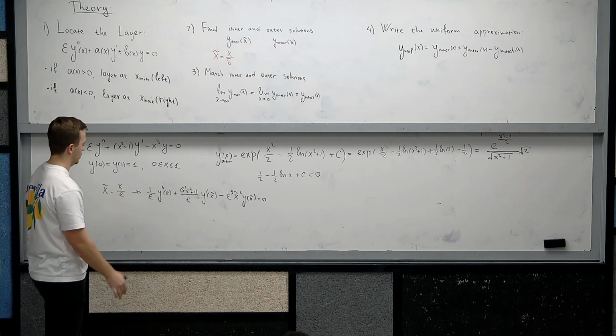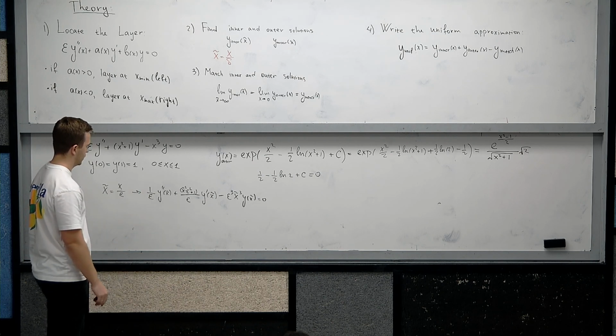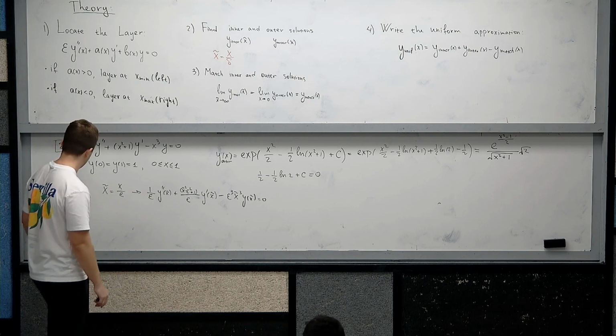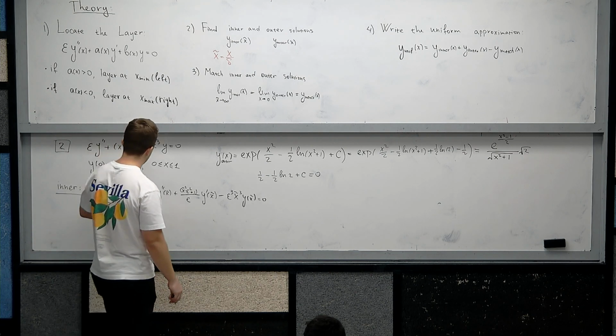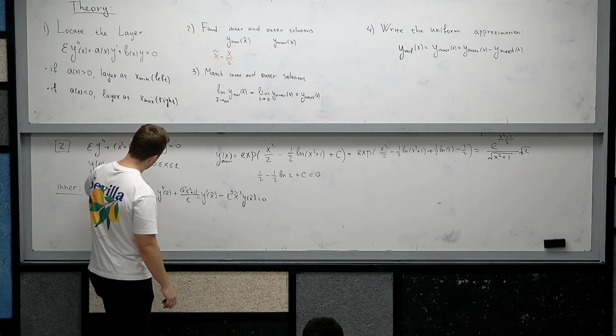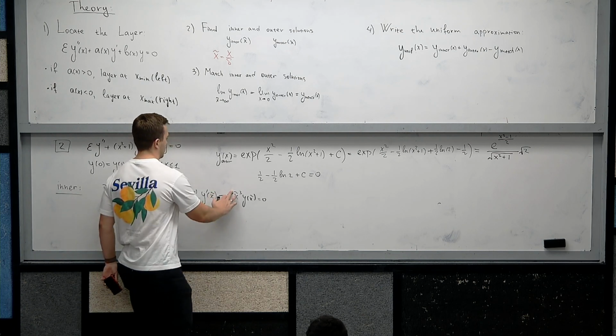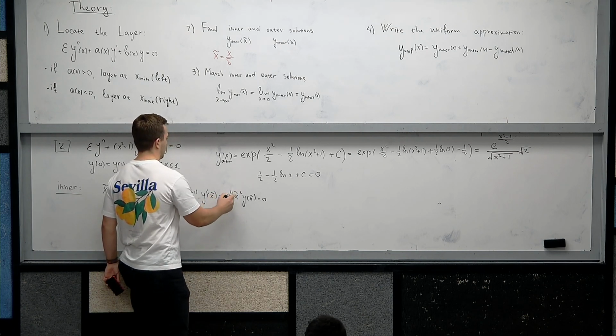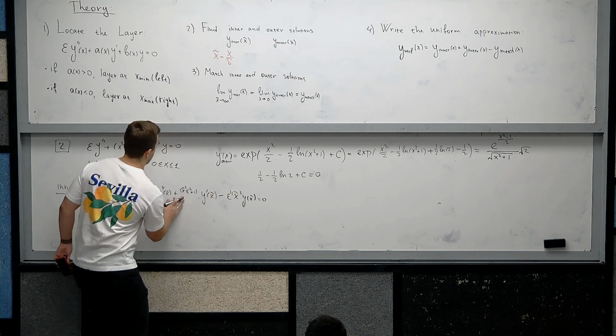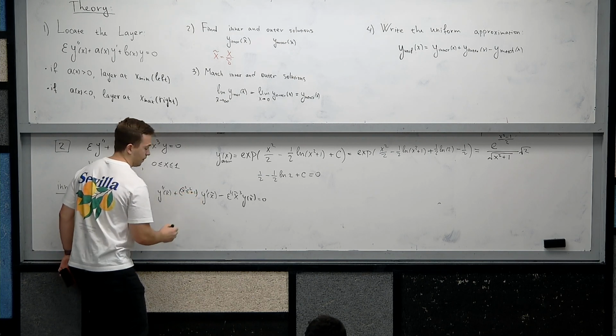Then we multiply both sides of the equation by epsilon, and finally we get the 4th power here, and the rest is the same.